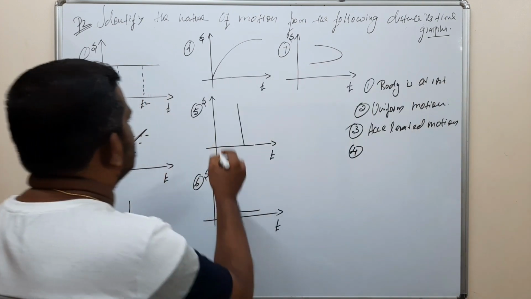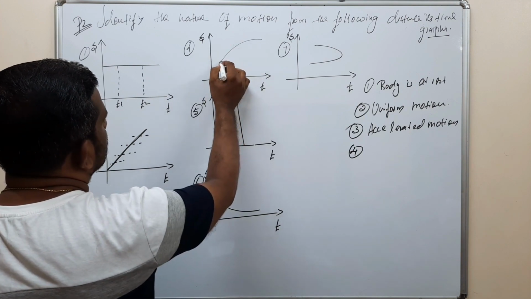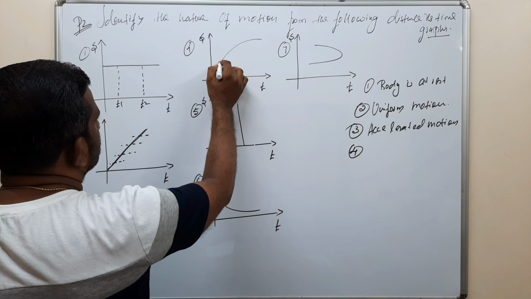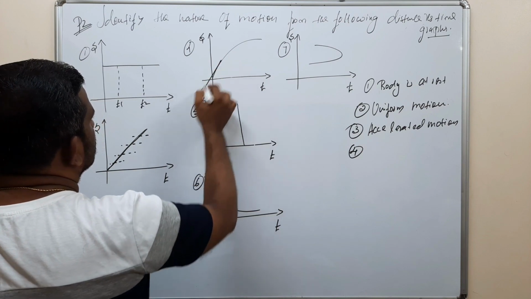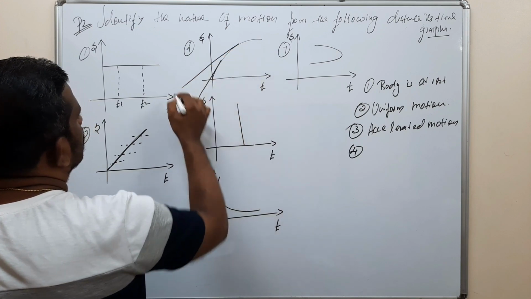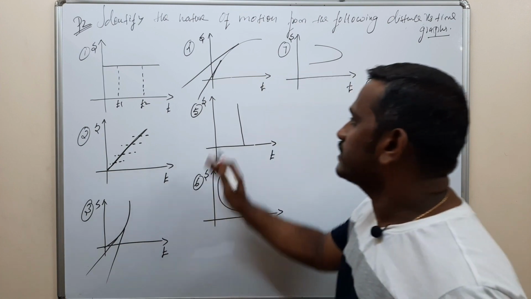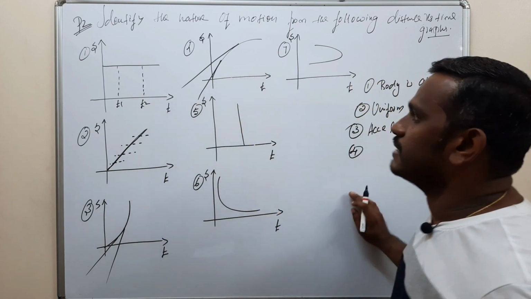If you draw the tangent, the slope decreases as the time goes on.